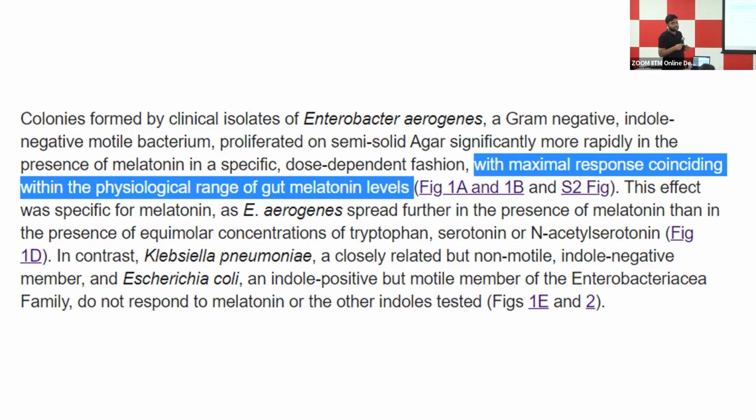So this paper basically establishes that E. aerogenes bacteria show an oscillatory behavior in the presence of melatonin, and when the melatonin level peaks in the gut, this shows a swarming behavior, forms clusters of cells, and this is not observed in any other bacteria in the gut.